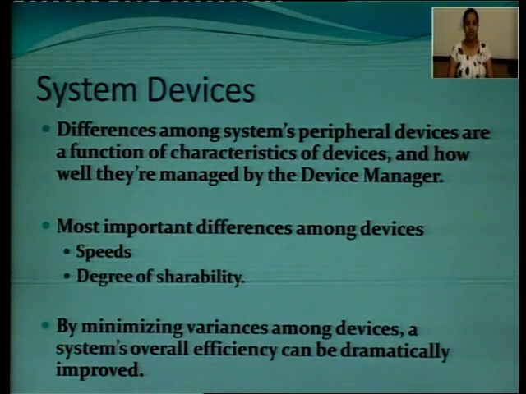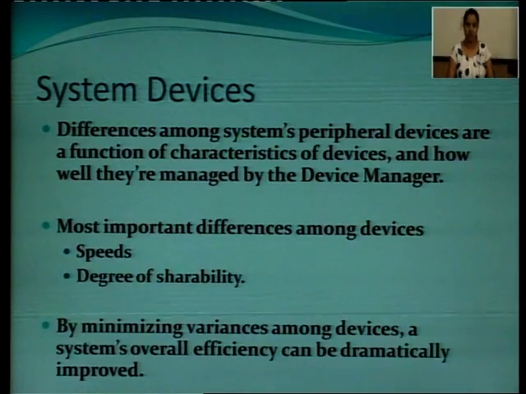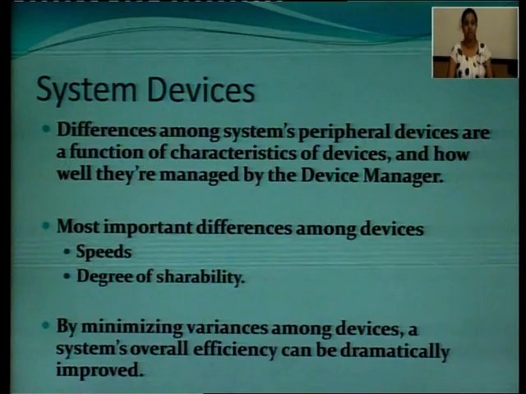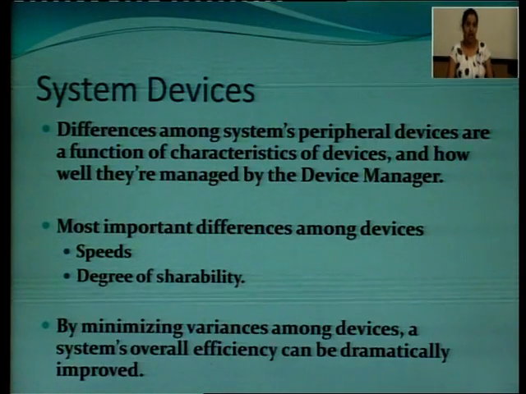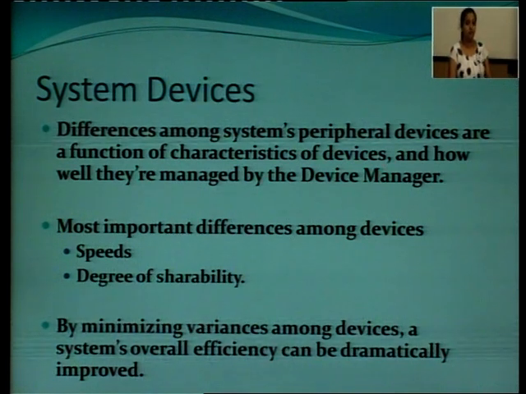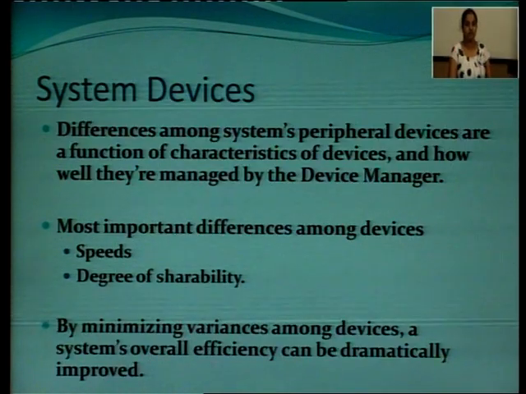The system devices have some important facts which we will discuss today. Differences among the system peripheral devices are a function of the characteristics of the devices and how well they are managed by the device managers. Means the life and the efficiency of the devices are also the responsibility of the device manager, in which way we use the devices so that their life should be increased.